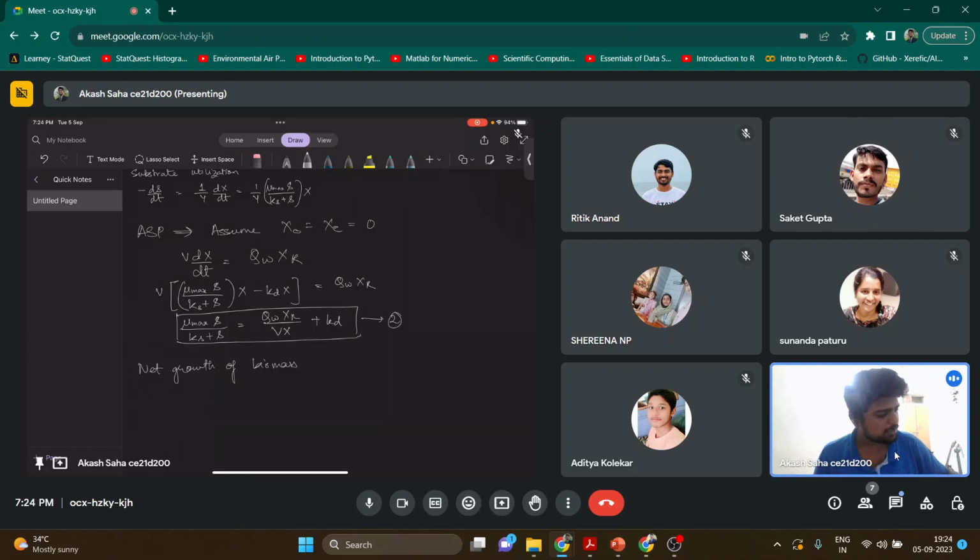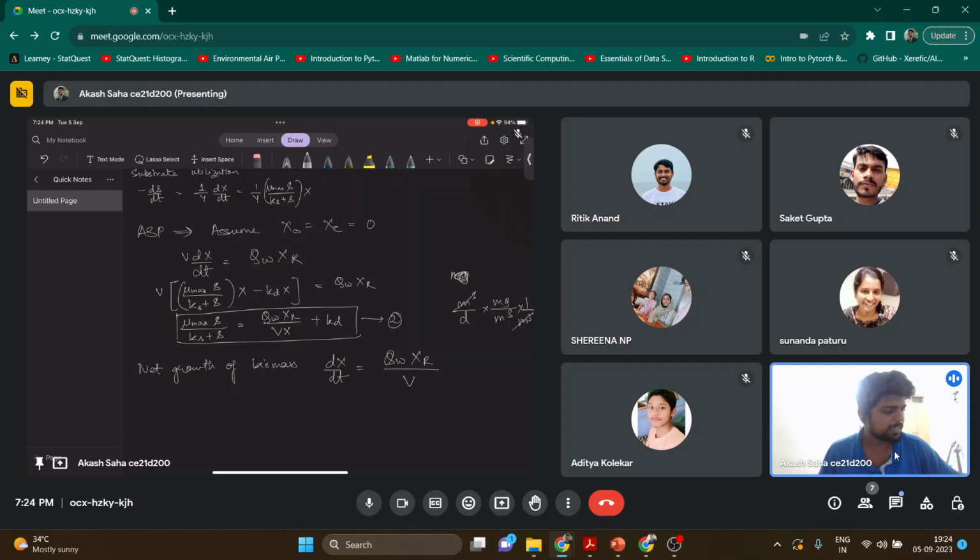So we can write dx by dt also in terms of Q, X and V. It will be Qw into Xr by V. The unit of this: Q is meter cube per day into Xr milligram per meter cube, divided by meter cube, so the meter cube gets cancelled.